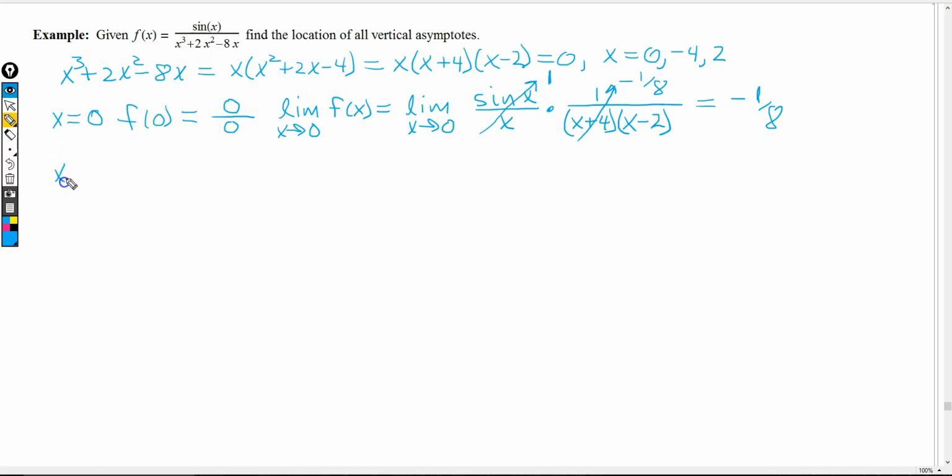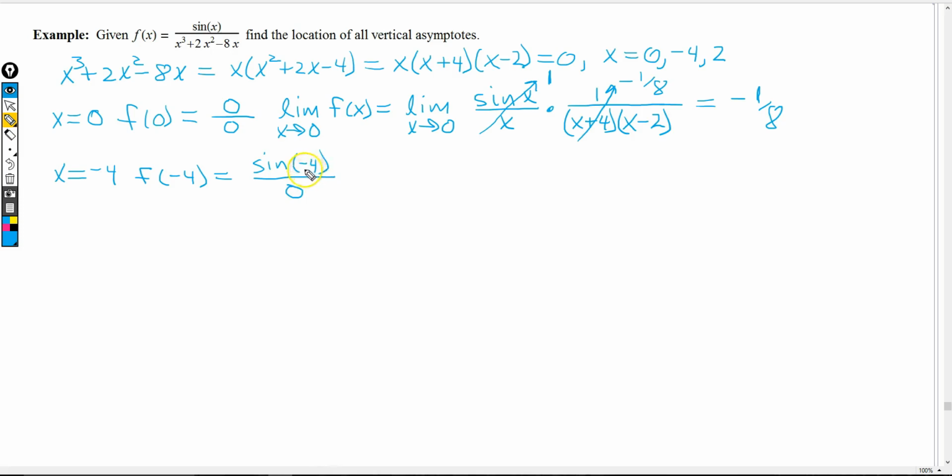What about x equaling -4? Well, if we plug -4 in for x into the function, we get the sine of -4 divided by 0.